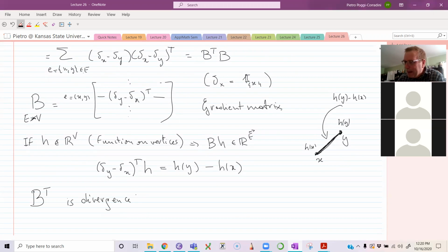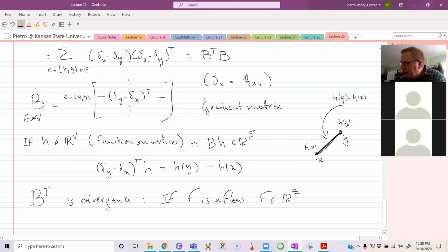Okay, so B transpose is divergence, meaning that if F is a flow, you can think of it as a vector in R^E with the orientation.